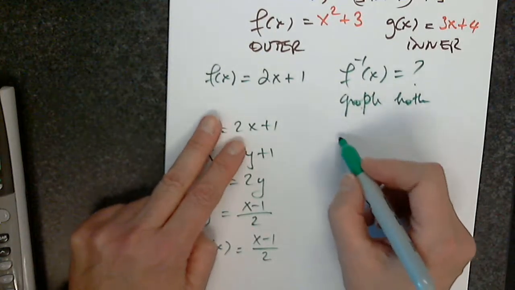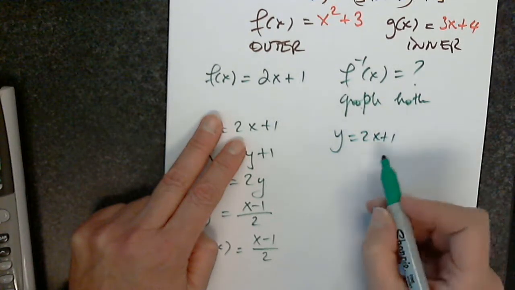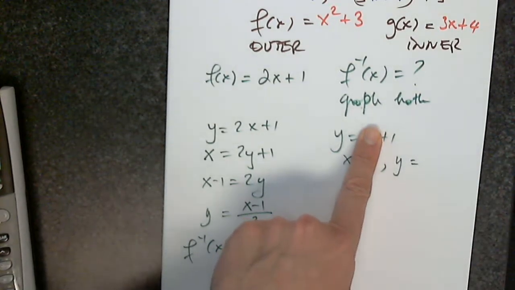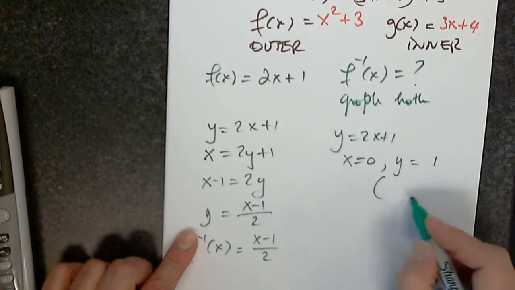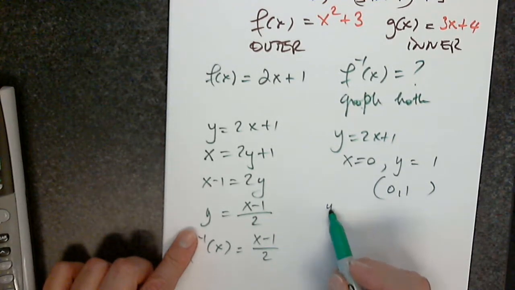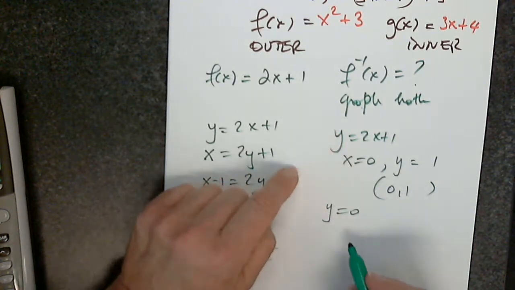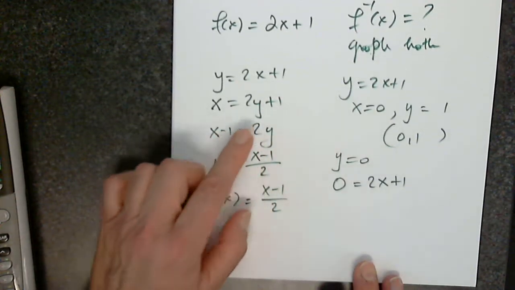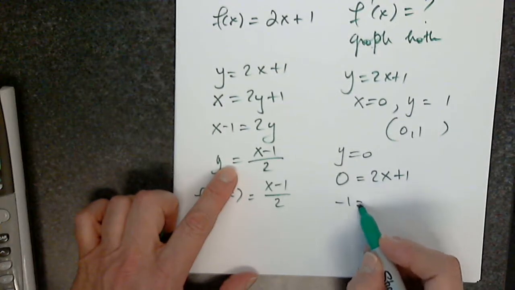So I have f of x or y equals 2x plus 1. When x is 0, y is 1, and that's the ordered pair. Now when y is 0, I have 0 equals 2x plus 1. I move 1.